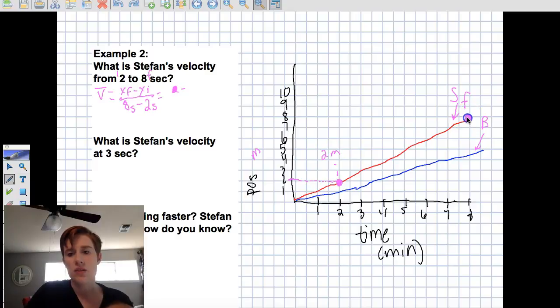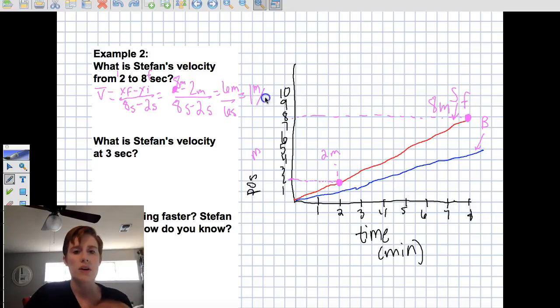His final was, looks to me like it's right at 8 meters. So 8 meters was his final, 2 meters was his initial. This comes out to 6 meters and this comes out to 6 seconds. When I divide them, I get 1 meter per second.